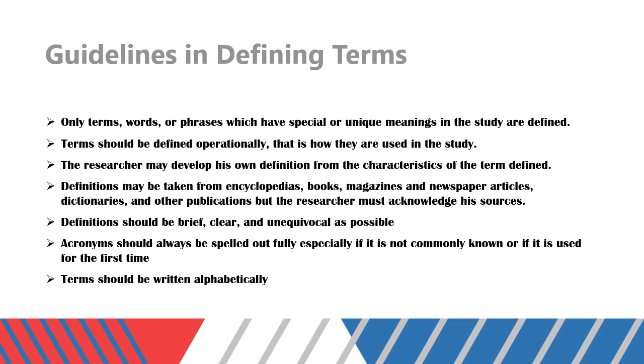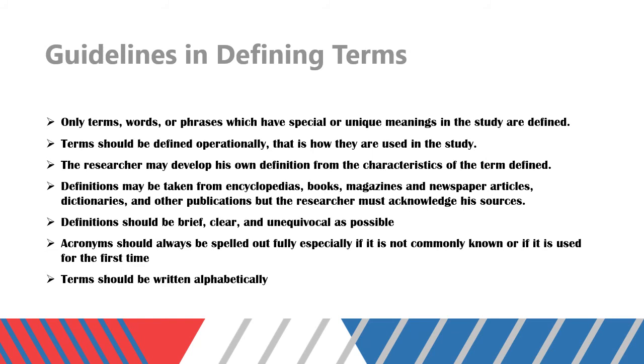Second, the terms should be defined operationally. That is, how they were used in the study. For instance, a study is made about early marriage. What is meant by early marriage? To make the meaning clear, early marriage may be defined as one in which the contracting parties are both below 18 years of age.